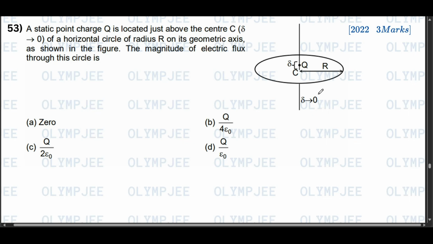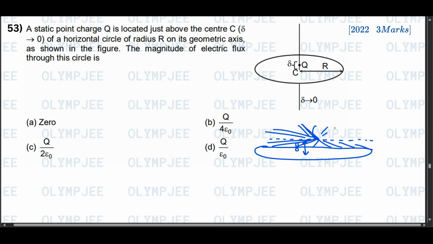And so the field due to the charge below this line will all flow through this circle only, and above this line will not flow through the circle.